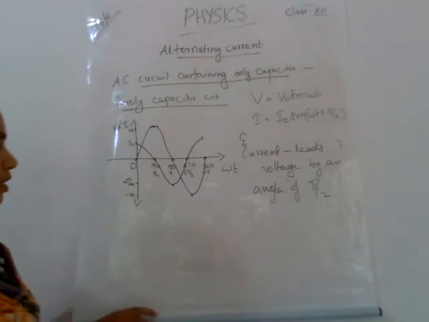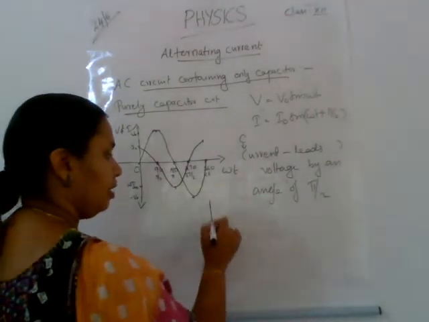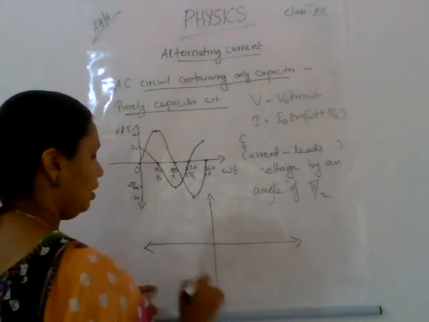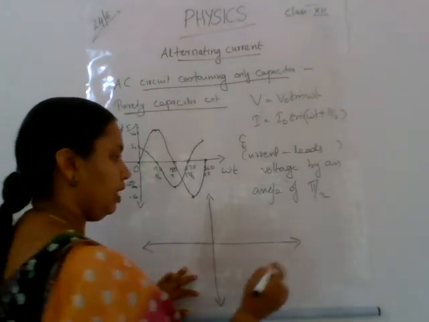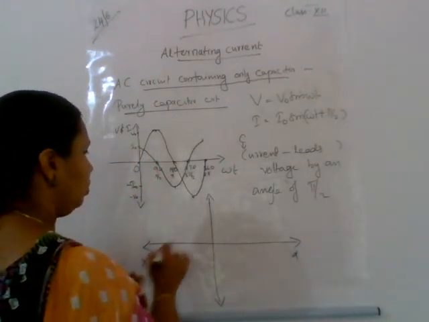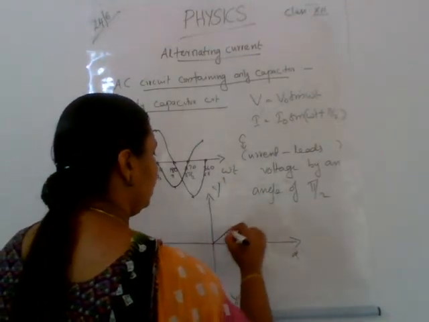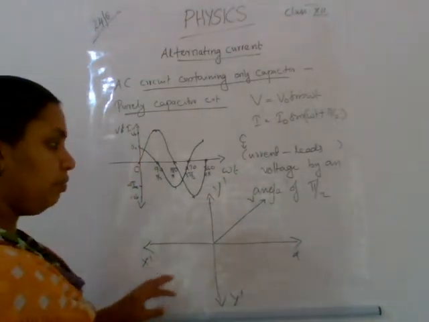Okay. And phasor diagram. How will the phasor diagram be? That is the vector representation of voltage and current. Right? So always you keep the voltage in the first quadrant. Okay. X dash, Y and Y dash. So we are keeping voltage. This is the voltage vector V, and where will I be?